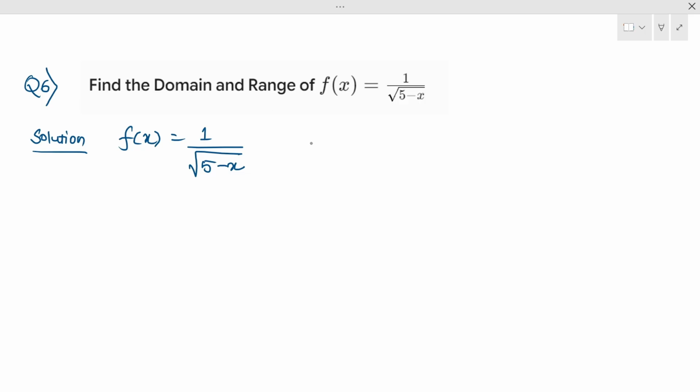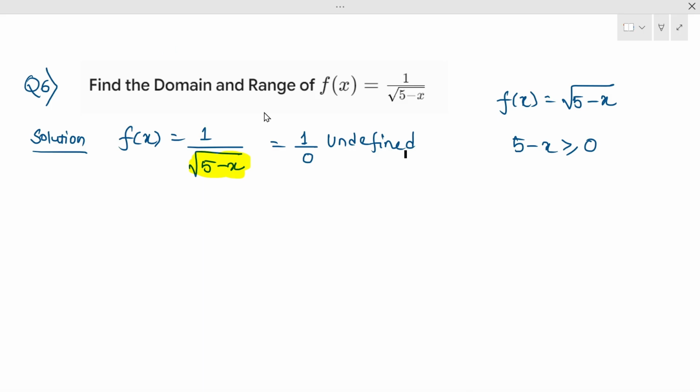Now think of it like this: if we have the function f(x) equals square root of 5 minus x, then 5 minus x should be greater than or equal to 0, right? But you can see here, this is in the denominator. So can I take this as equal to 0? Obviously not, right? Because if I take it as 0, then it will be undefined.